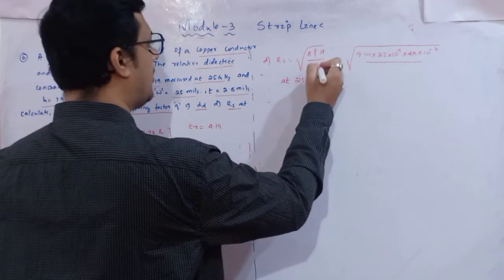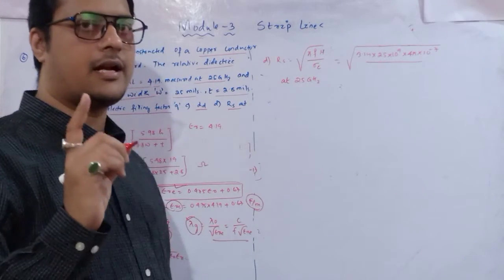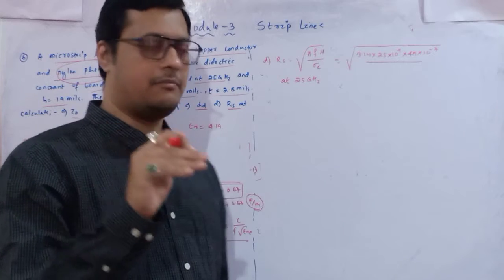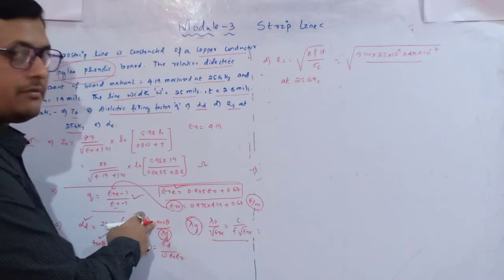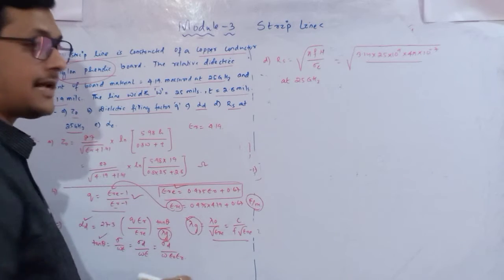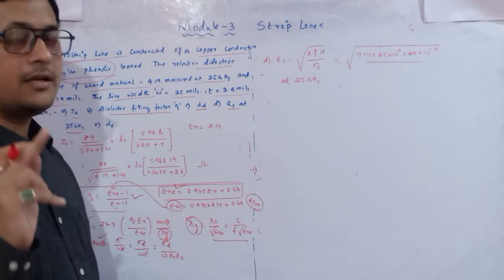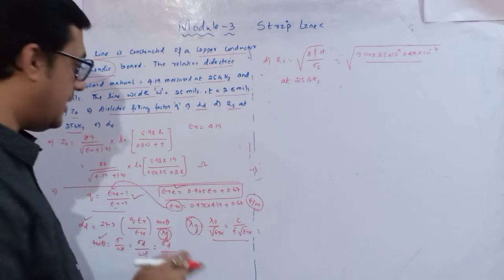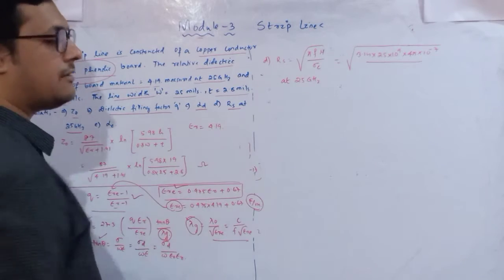Sigma is the conductivity of the copper material. Here this is the copper material, because surface resistance we are identifying for the metal, but here the loss tangent whatever we are calculating, it is with respect to the dielectric medium, because here it is dielectric attenuation we are identifying. Need not confuse these two parameters. Here it is sigma d, here it is sigma c.